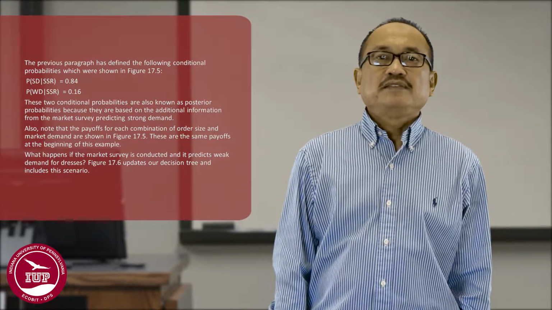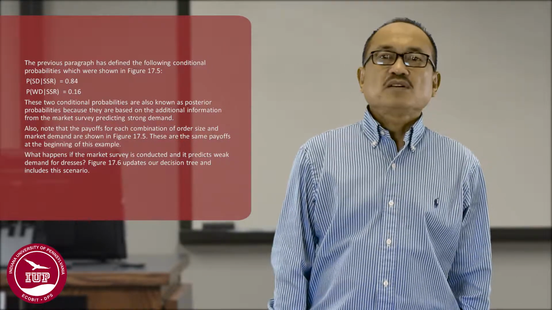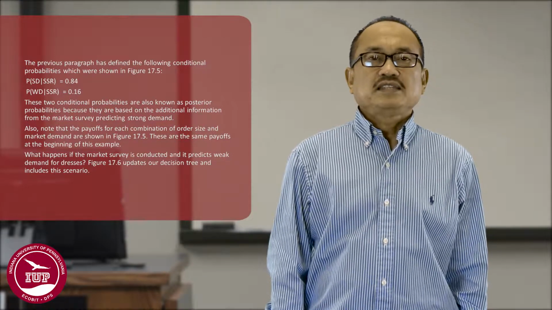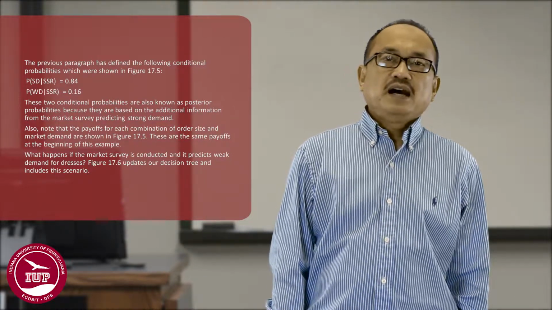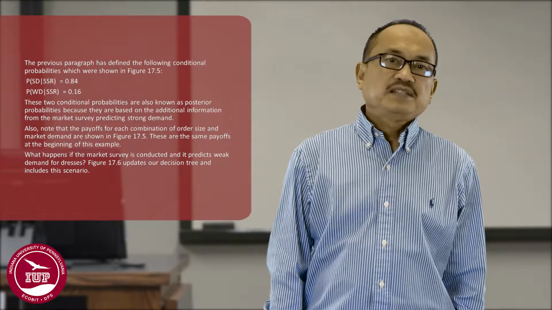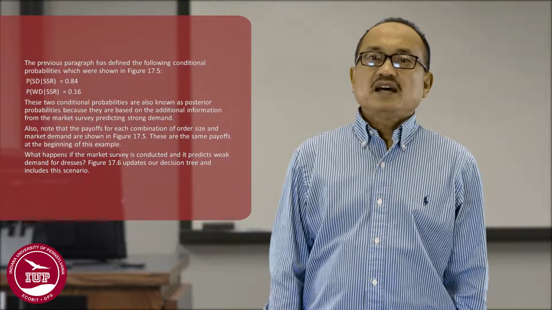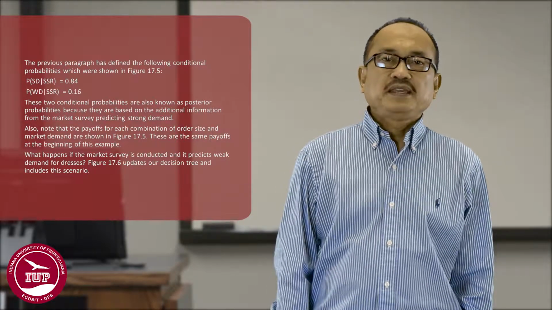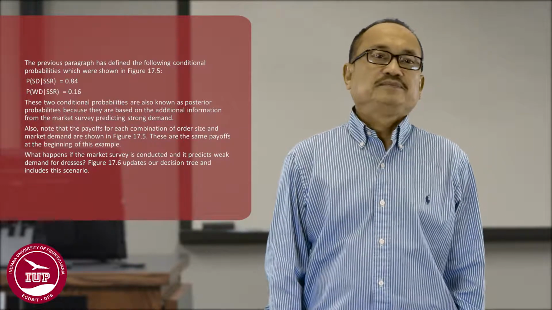Also note that the payoff for each combination of order size and market demand are shown in figure 17.5. These are the same payoff at the beginning of this example.